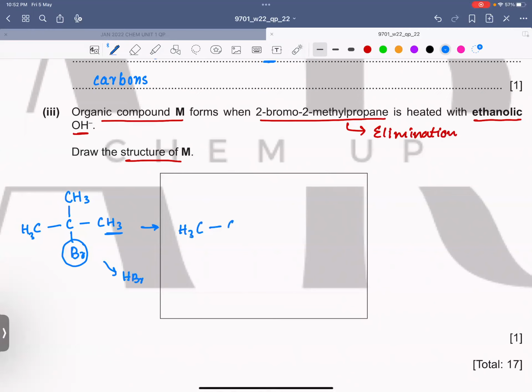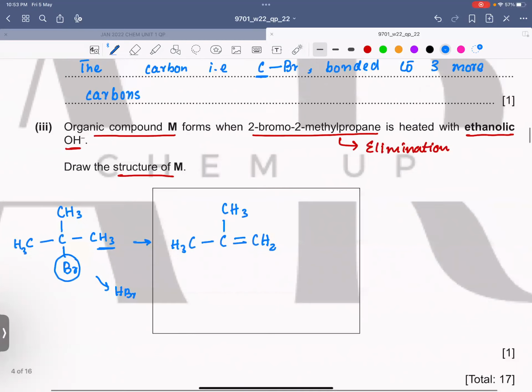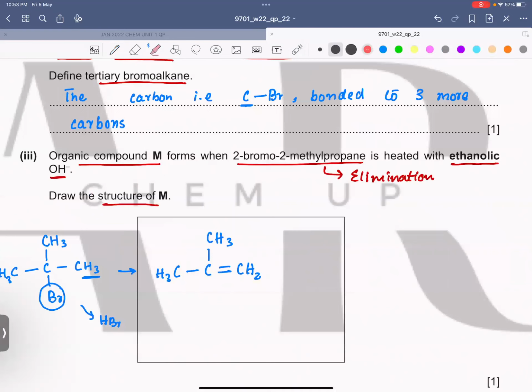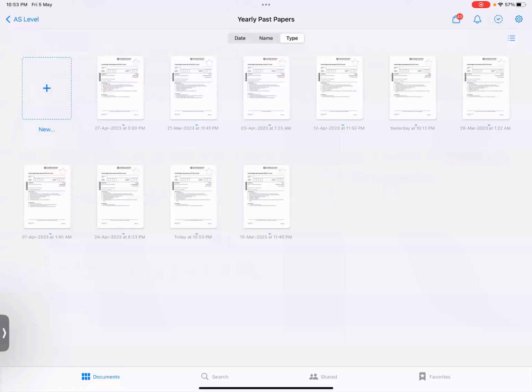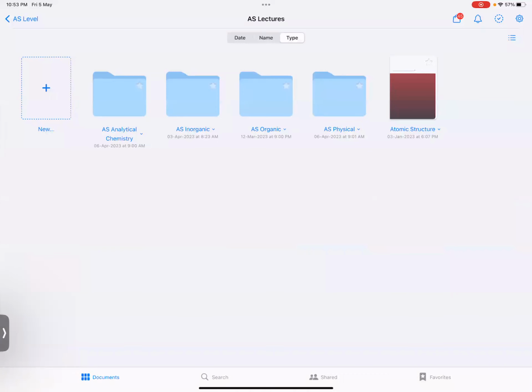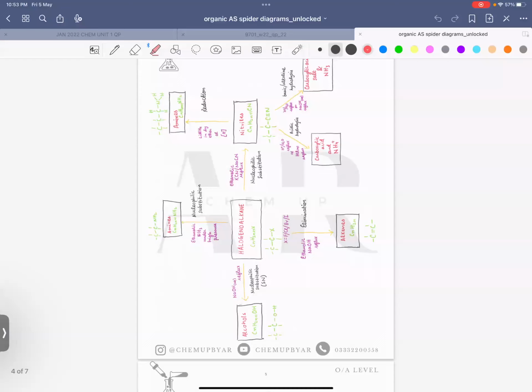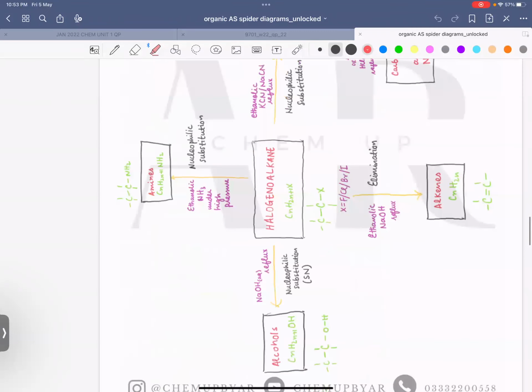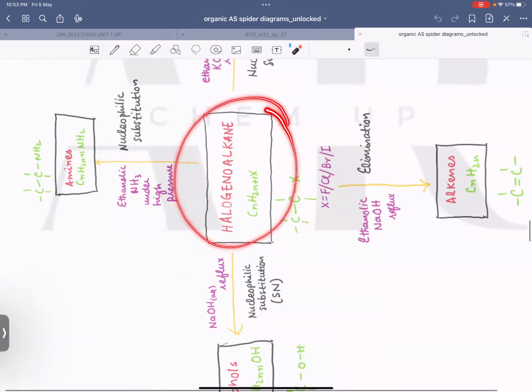सर एलिमिनेशन कैसे पता चल गया? Why did we identify the elimination? By the ethanolic hydroxide only. Sure, see over here, 1 minute. I have shared the spider diagrams with you. There is a halogenoalkane, right? We are using aqueous sodium hydroxide.